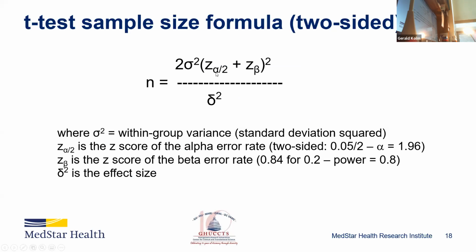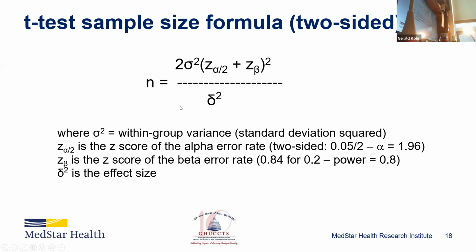Z sub alpha over 2. So if alpha is 0.05, then divided by 2 is 0.025. So this is our score from the central t distribution, or z. Usually the z distribution is used, and then the beta here refers to our non-central distribution.